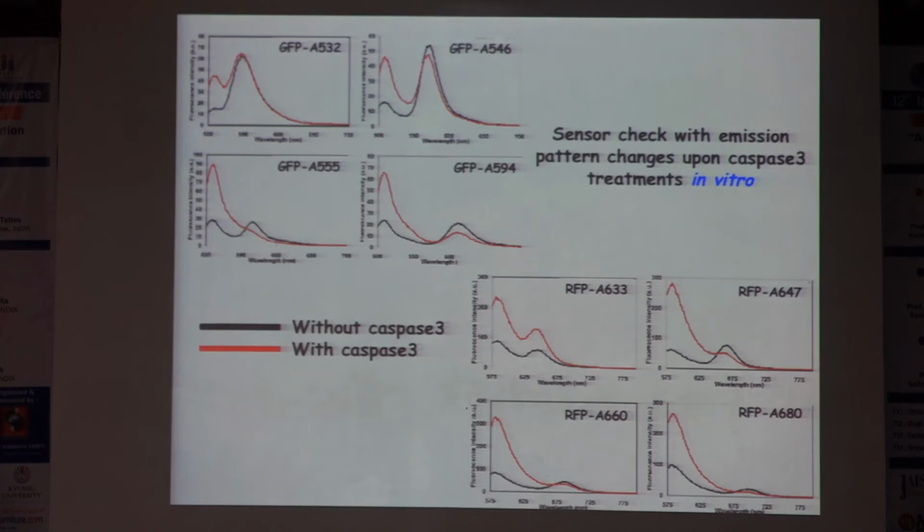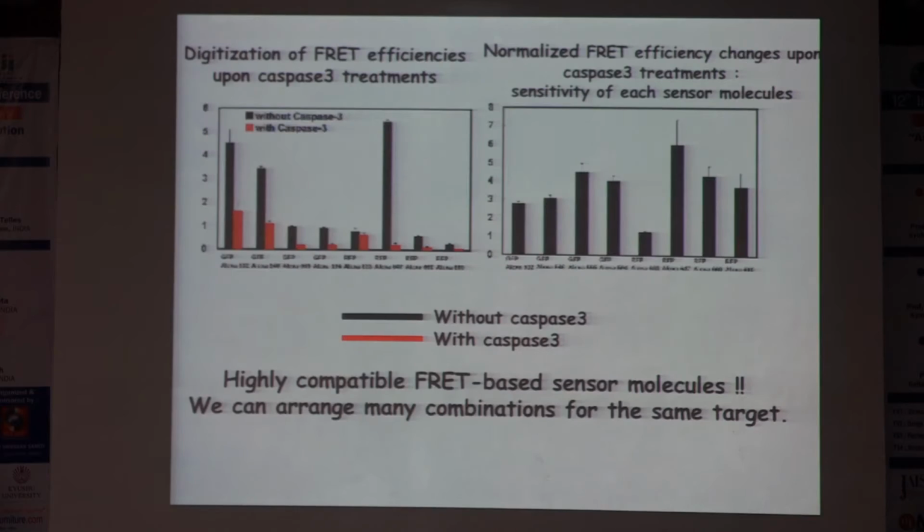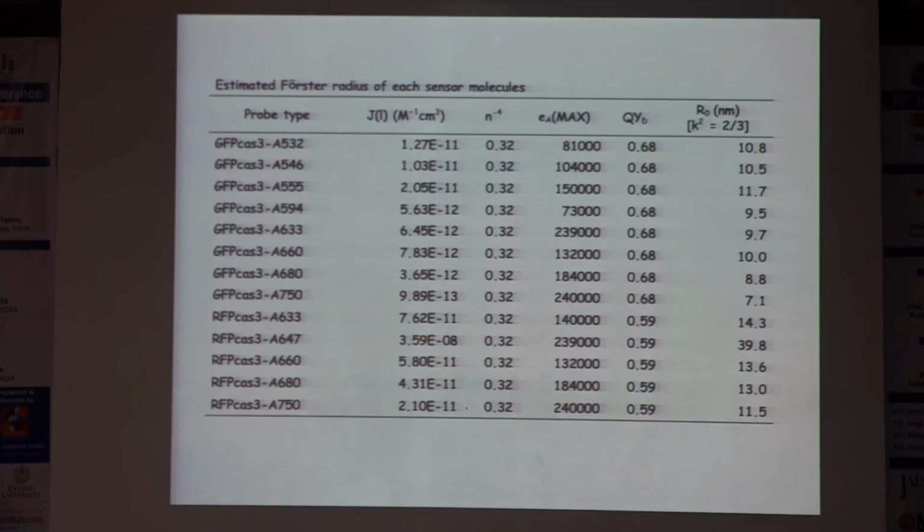And these are FRET pattern changes upon digestion with caspase-3 in test tubes using various combinations of two fluorescent molecules. And these bar graphs stand for normalized enzymatic activities obtained by measurement of sensor molecules with various combinations. It would be so quantitative.